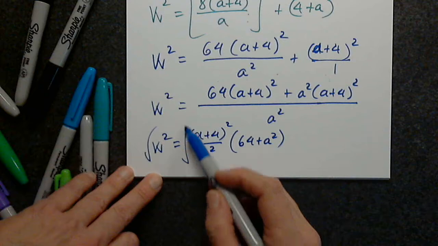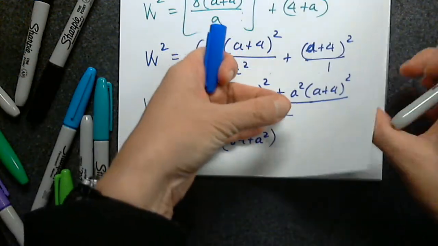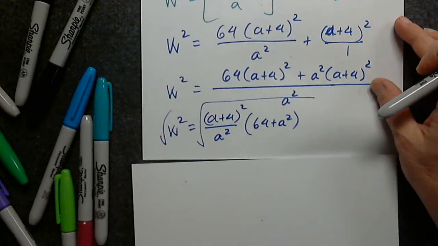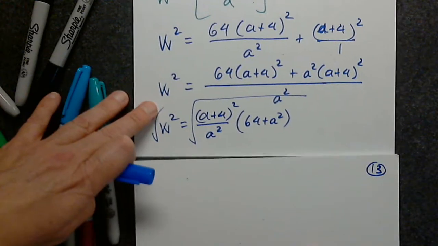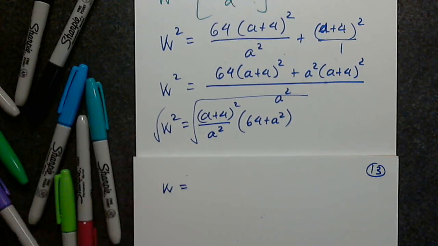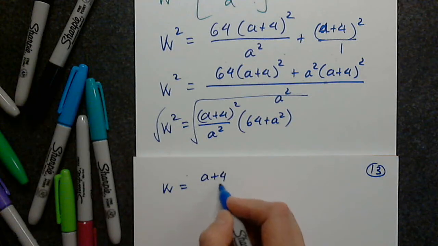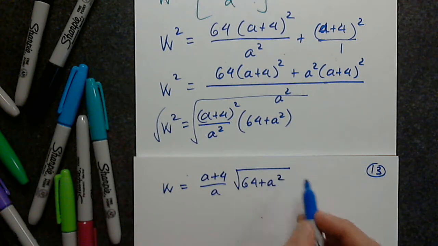I can take the square root now, and I get W. I should put plus or minus, but not in this case. W equals (A plus 4) over A times the square root of 64 plus A squared.